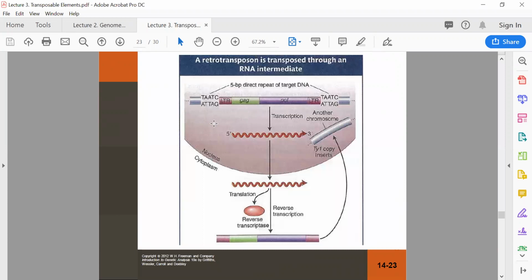Now, the ENV gene encodes the proteins that go into making that capsid, that protein coat that will enclose the new RNA molecules. In other words, to form new virions.